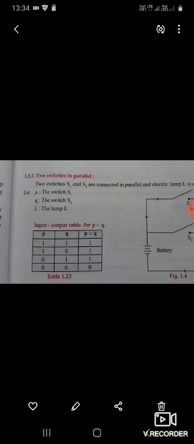So now listen, see this one. Here we have to form an input output table. To form an input output table, first of all you have to write the symbolic form.